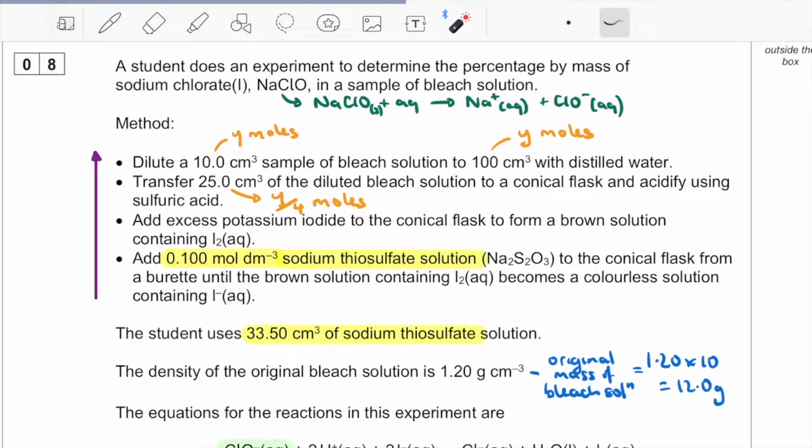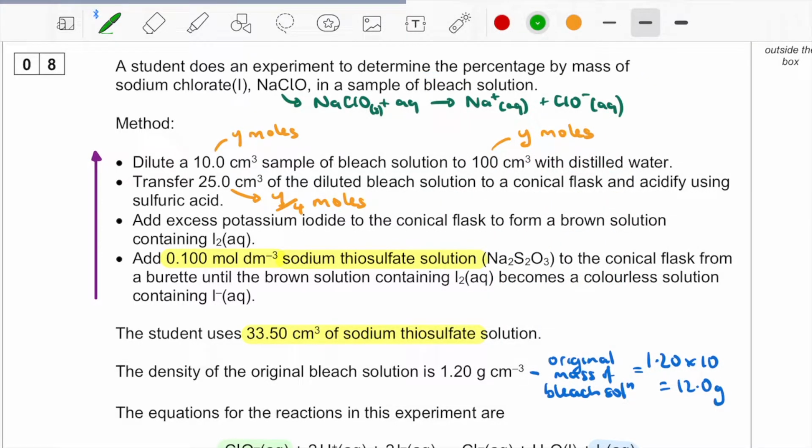So we've got to get from this point to that point. So we're going to be using this number of moles to work out this number of moles. Now, they're not in the same reaction equation. But something that is in both reaction equations is iodine. So you can see that iodine is produced, and then whatever iodine is produced is then reacted with the sodium thiosulfate. So let's just use a color to make that connection. So we've got the iodine here and the iodine there. And the other thing I'm going to do is the molar ratios.